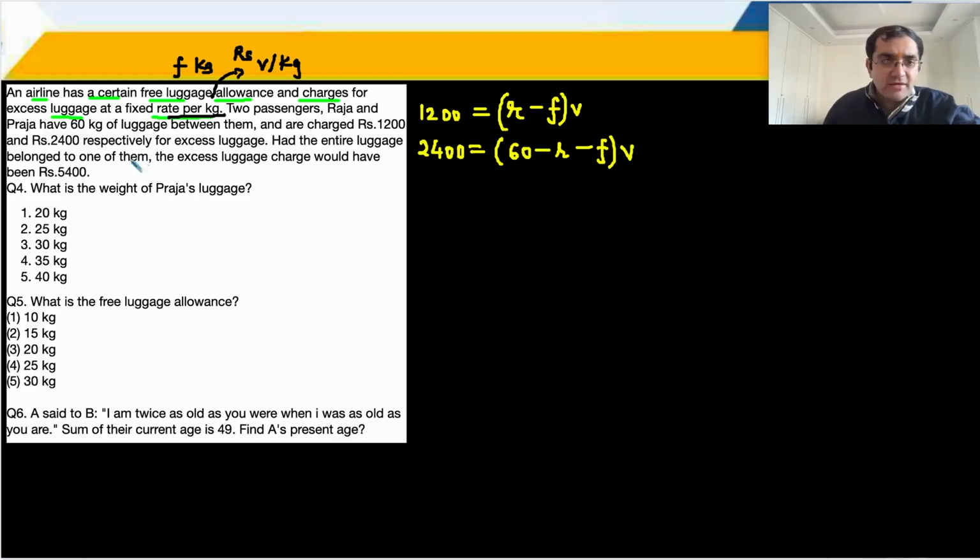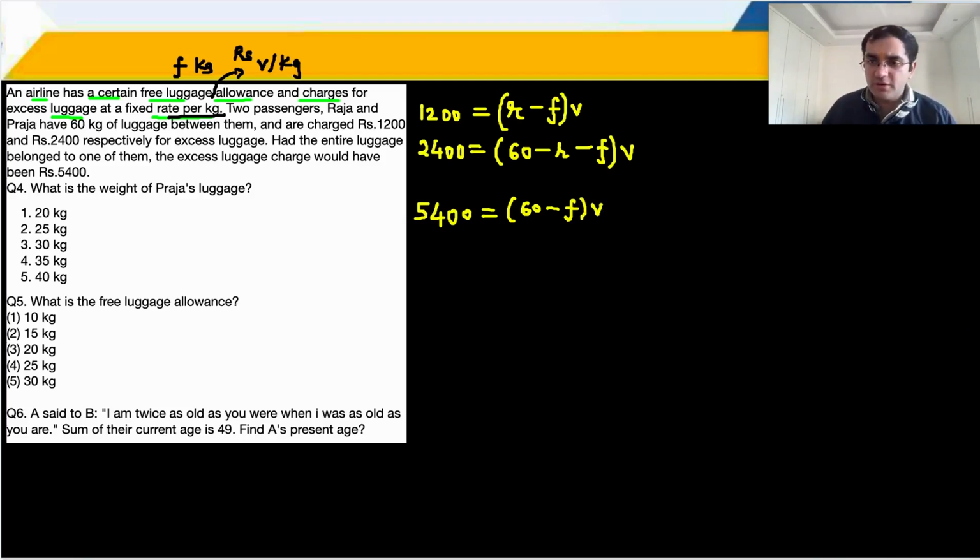Had the entire luggage belonged to one of them, the excess luggage charge would have been rupees 5400. 5400 is equal to, if total 60 kg is available, out of that free luggage allowance F and at a rate of V rupees per kg.